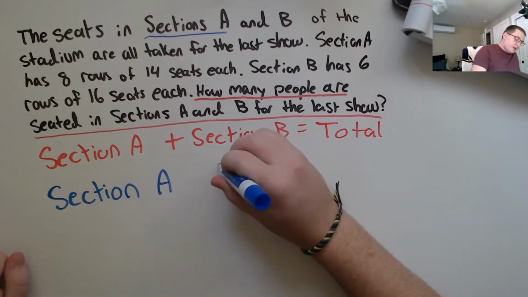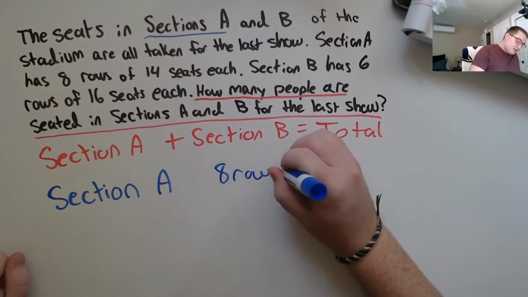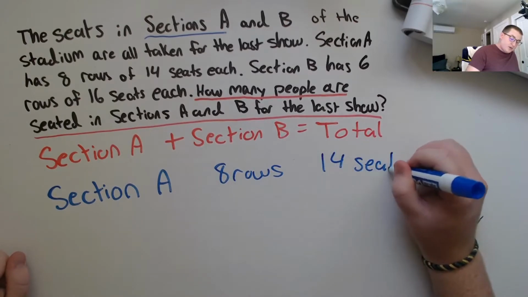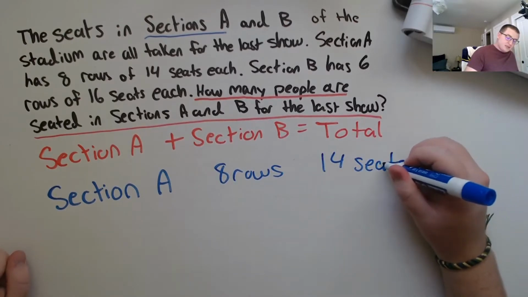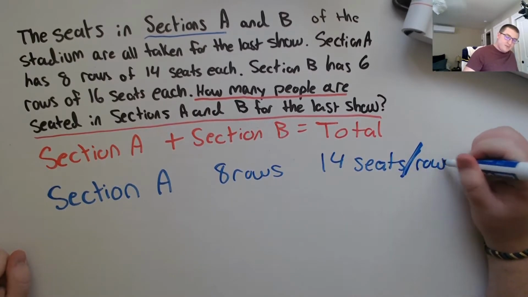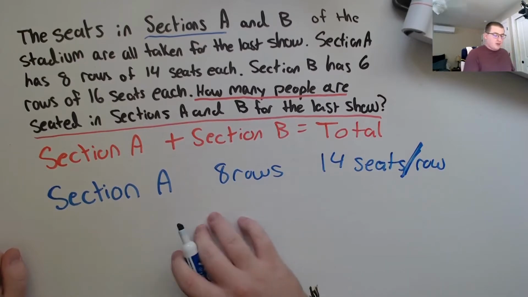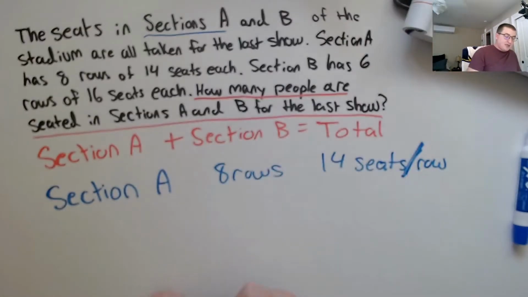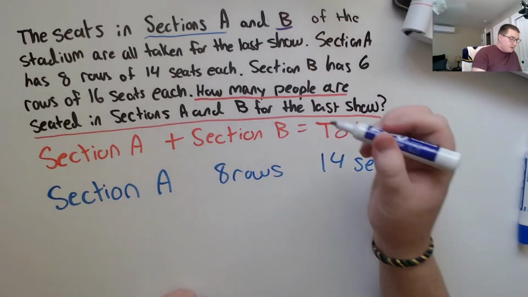So we have 8 rows and then 14 seats, and I'm going to put this as per row. Okay? That's what we know about section A. Now, section B, I'm going to make purple.